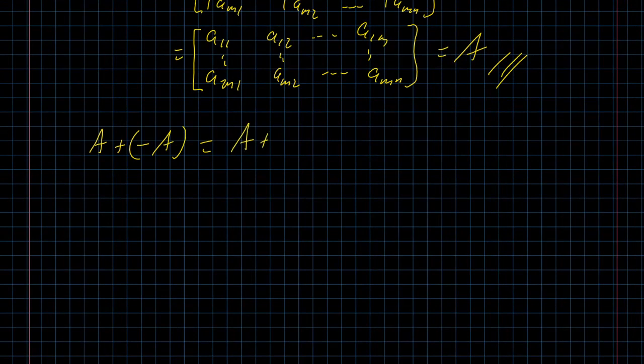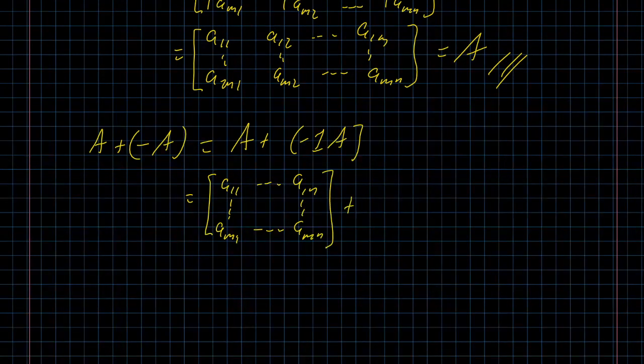And this is A plus -1 times A. So A is still A11 to A1N, AM1, AMN, and -1 times A is going to be negative A11 through to negative A1N, negative AM1, negative AMN.